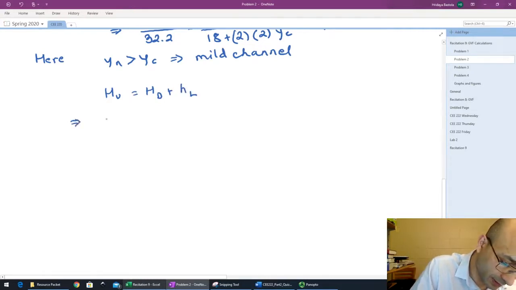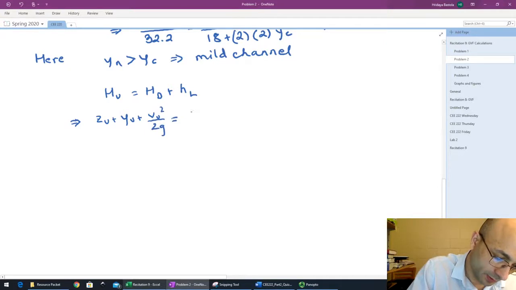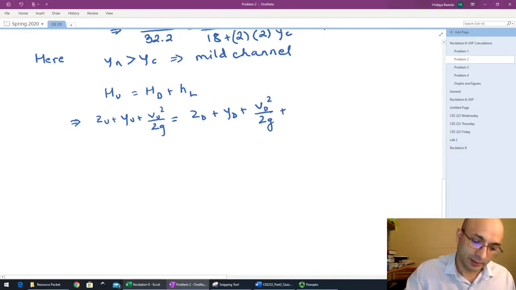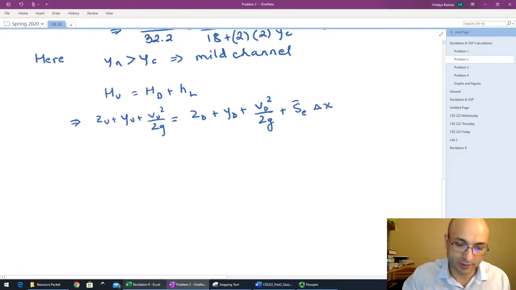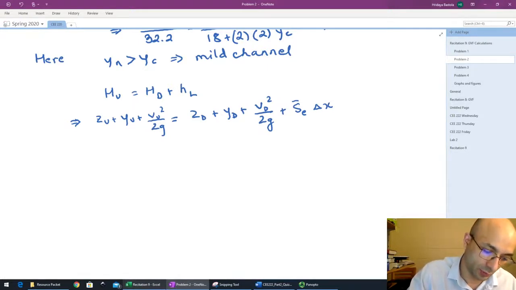We can expand this into Z upstream plus Y upstream plus V upstream squared over 2g equals Z downstream plus Y downstream plus V downstream squared over 2g plus the head loss term. The head loss again can be expressed as a product of the average slope of the energy grade line times delta x, which is the distance that we want to find out between two known y values.